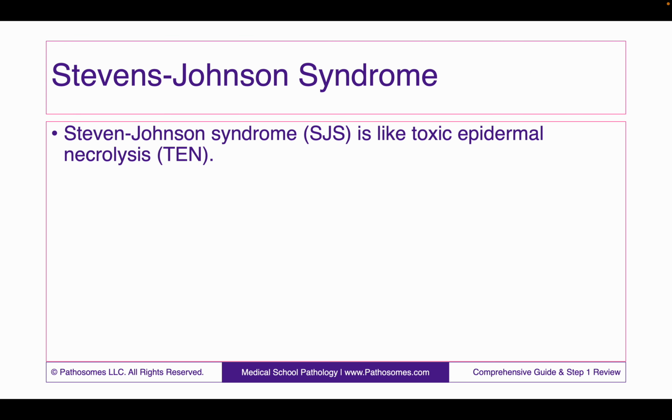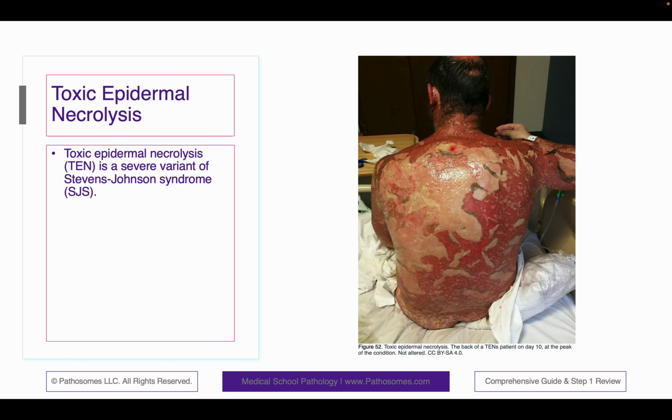Stevens-Johnson syndrome is like TENS, toxic epidermal necrolysis. Stevens-Johnson syndrome is less than 30% body surface area involvement. And toxic epidermal necrolysis is a severe variant of SJS, as you can see here on this patient's back.